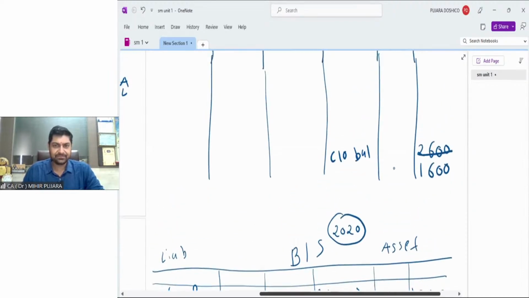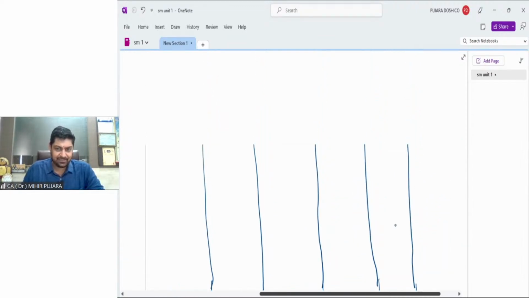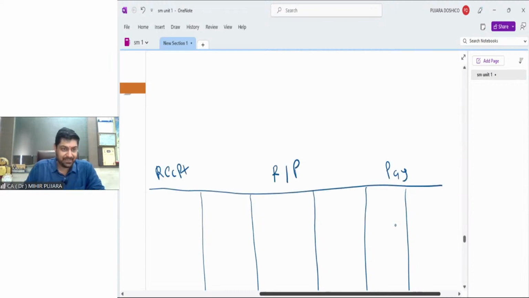And the moment you get the closing balance of RNP here, it means the RNP opening balance will be the balancing figure, because we need to prepare the RNP.